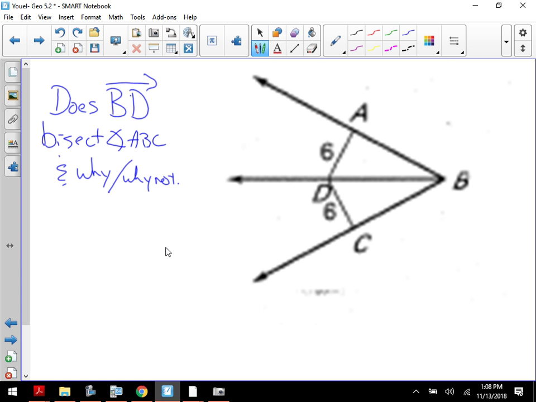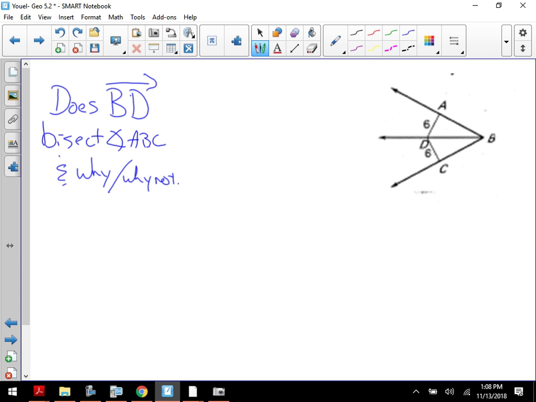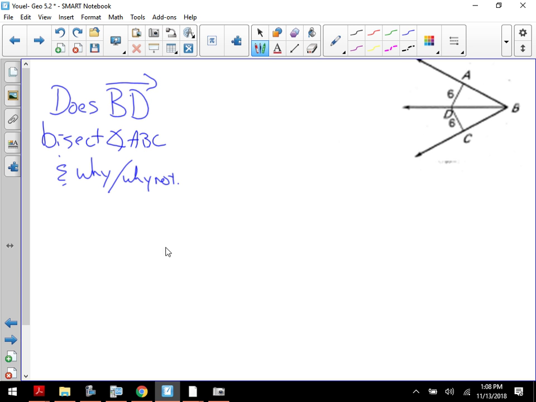Now, this is a good example here because they draw this to make it look like it works.